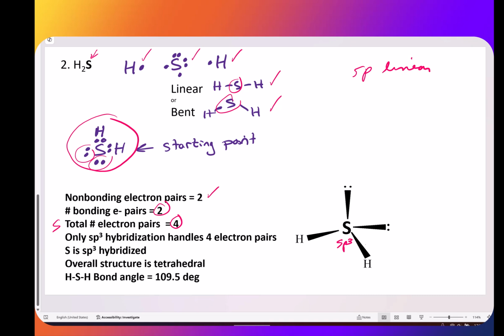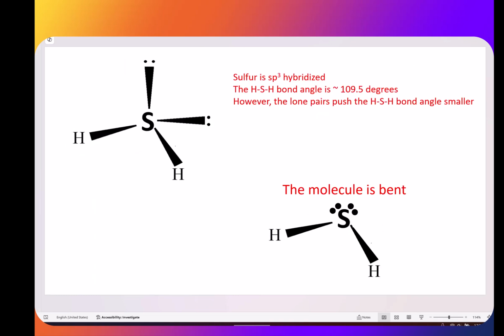But this is really the molecule that we have here, HSH. In the final structure, we usually don't show these electrons in an orbital there. So our final structure is bent. So I've shown that here. Sulfur is sp3 hybridized. The H bond angle should be 109.5 degrees, but the electrons in these orbitals here push those H's in.